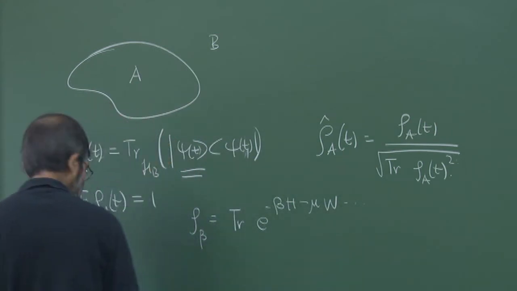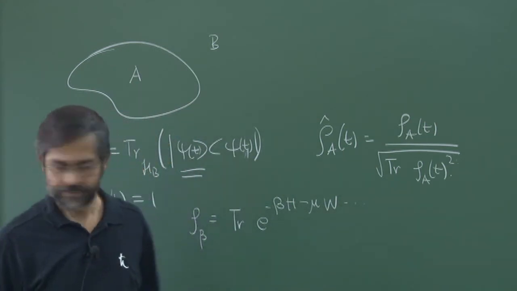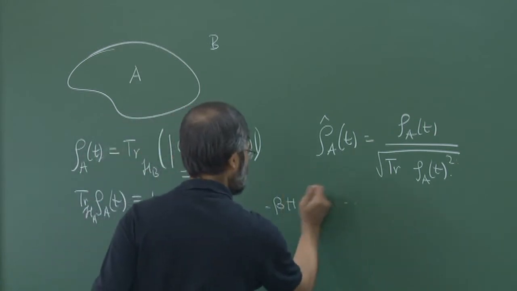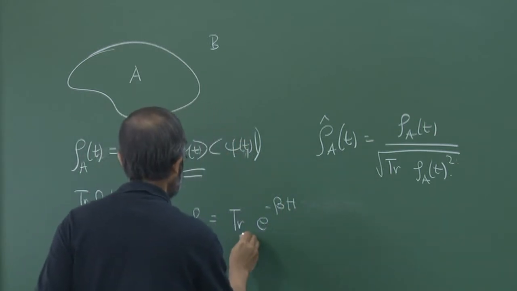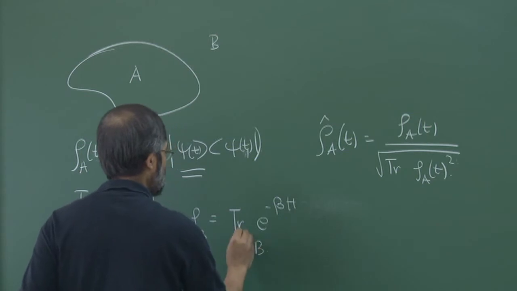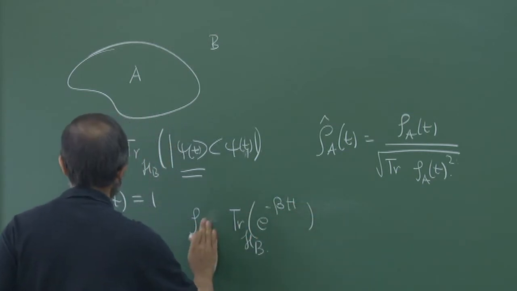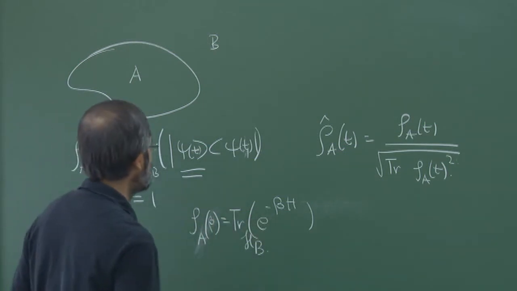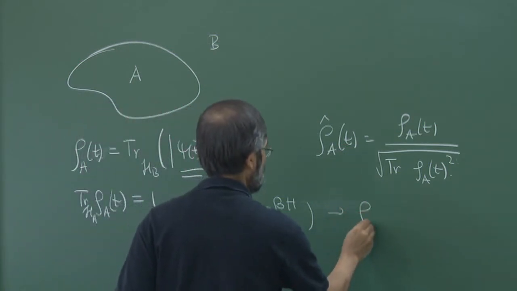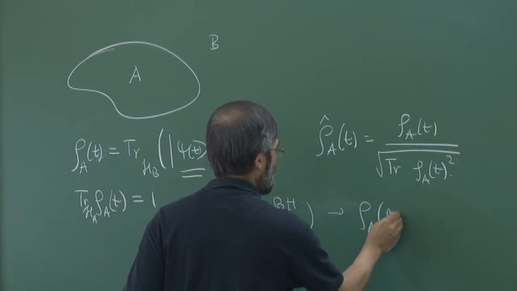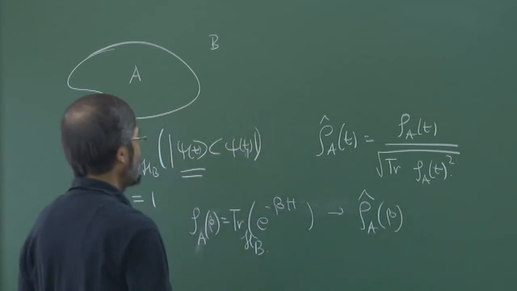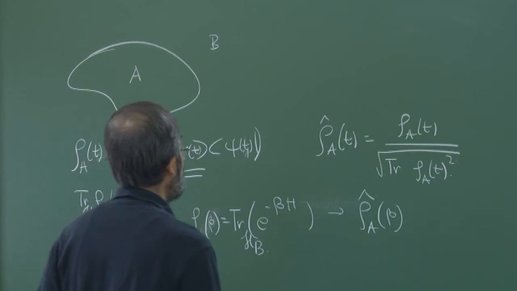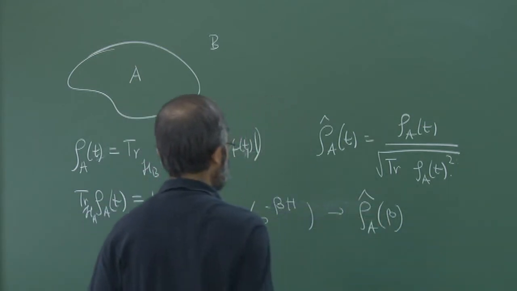So I should call it rho A of beta, and similarly I define this object, which is a square normalized thing.